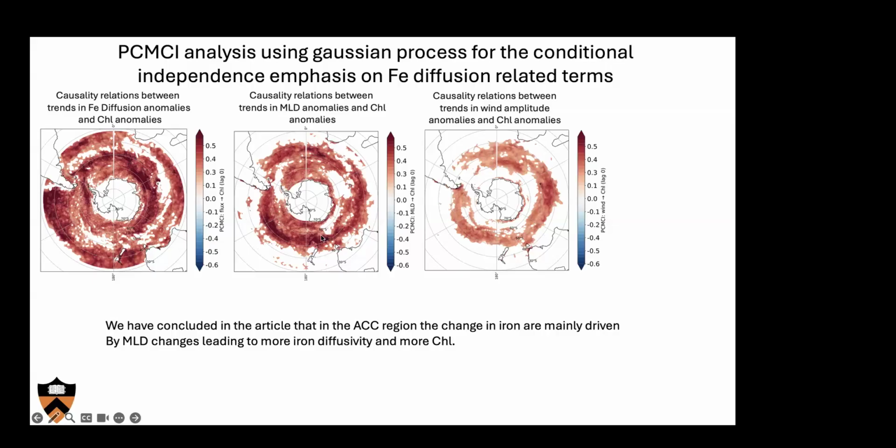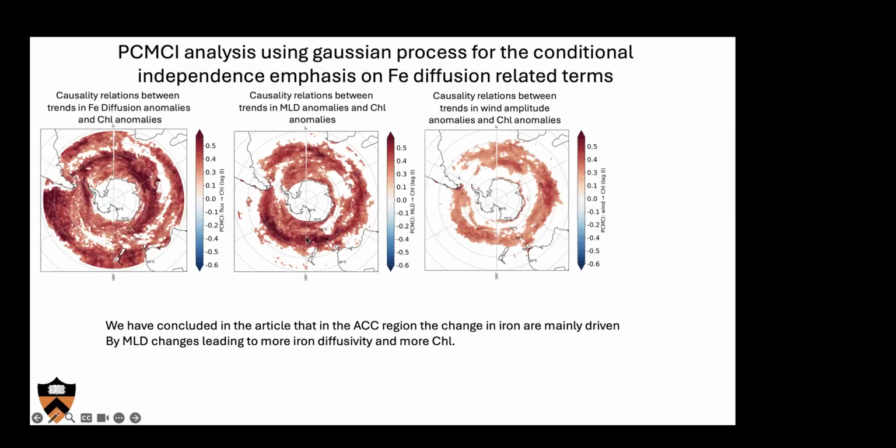The second panel is the mixed layer depth link to chlorophyll, and we also include a link with the wind amplitude. Now we can see that this relation of the mixed layer depth and wind amplitude has a link with chlorophyll, but mainly in the ACC region.